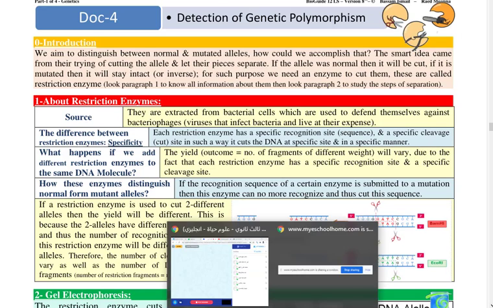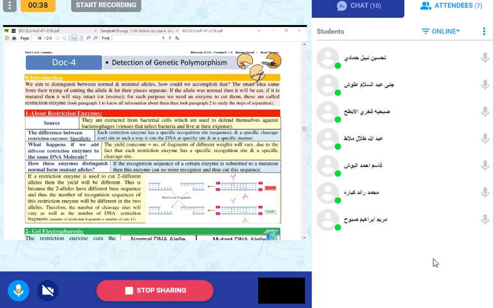Other than Maryam, who can tell us what are restriction enzymes?